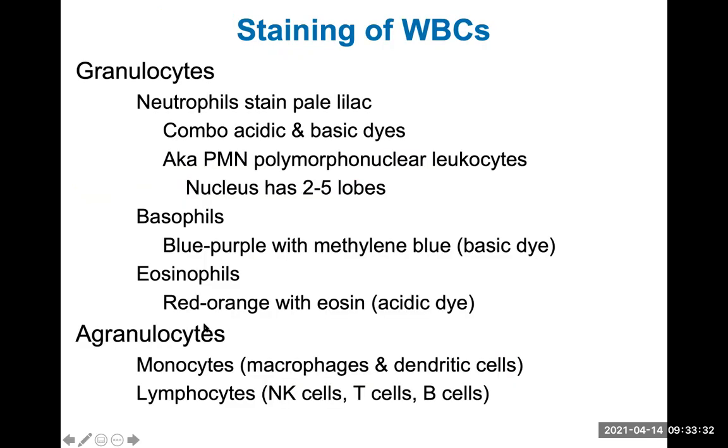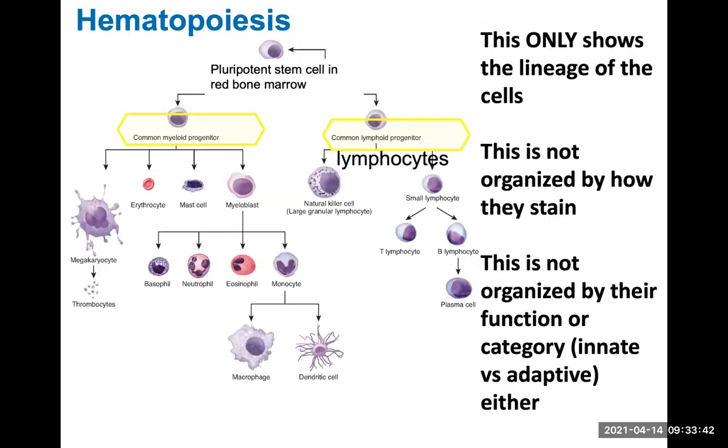And then eosinophils, you can use an acidic dye called eosin, and that will stain it a red-orange color. And so you see here, this cell is a reddish color, and you can see lots of granules. Eosinophils also have an interesting nucleus. They have this 2-lobe nucleus, okay?